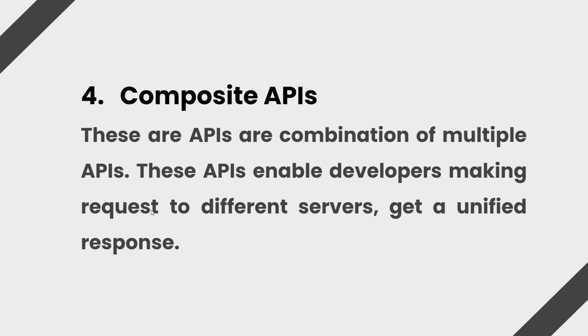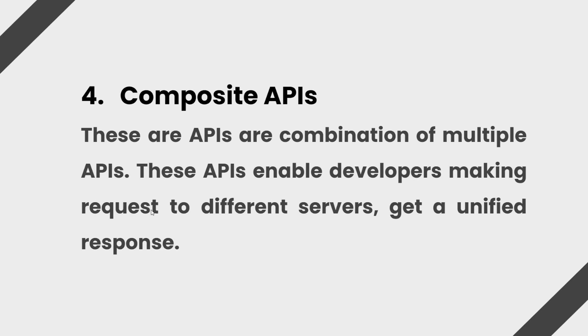So when you make requests to a composite API, you're obviously making requests to multiple different APIs. And these multiple APIs have different servers they are connecting to. So this means that indirectly you're connecting to different servers of these APIs.